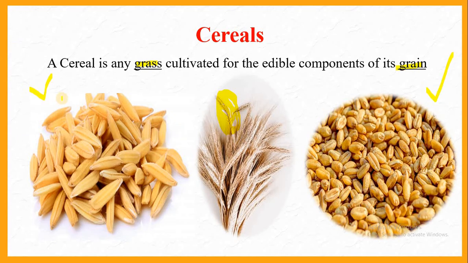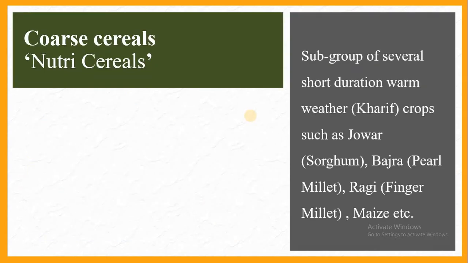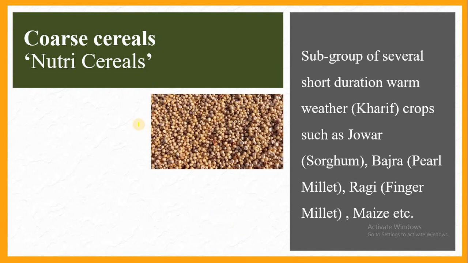So rice fields look like a large grass. If anybody has seen rice fields, you will notice. Therefore, these grains are edible components, meaning something which you can eat. So cereals are rice and wheat, and next you have coarse cereals, such as pearl millet.